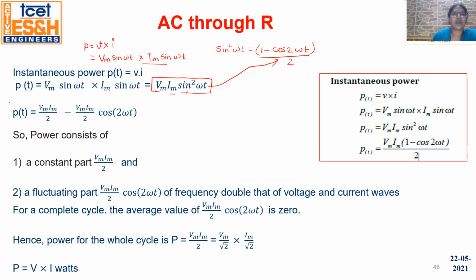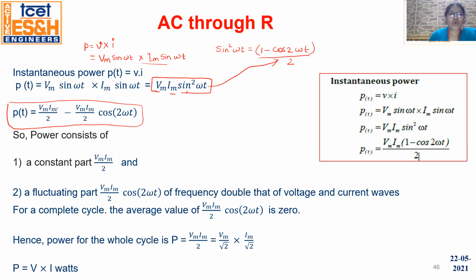So this is our instantaneous power across the resistance. Now the power has two components. The first component is Vm Im by 2, and the second component is Vm Im cos 2 omega t by 2.